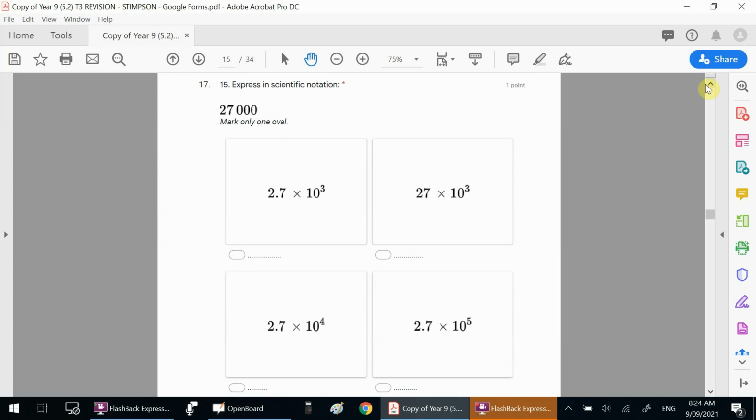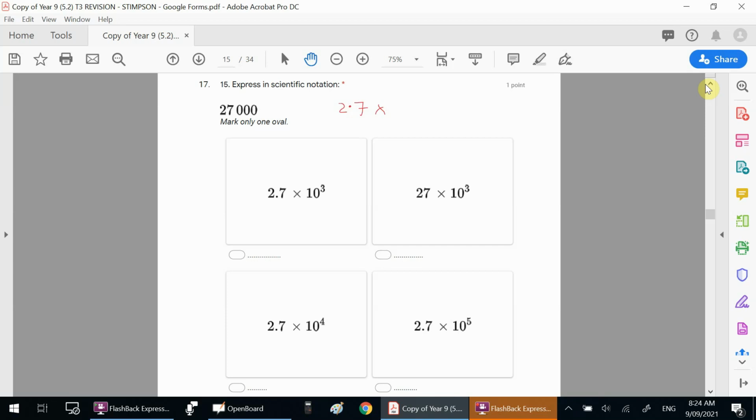We're doing here scientific notation. So you take the 2 significant figures and turn them into a number between 1 and 10. Add the decimal. Okay, times. So this first bit's got to be between 1 and 10.